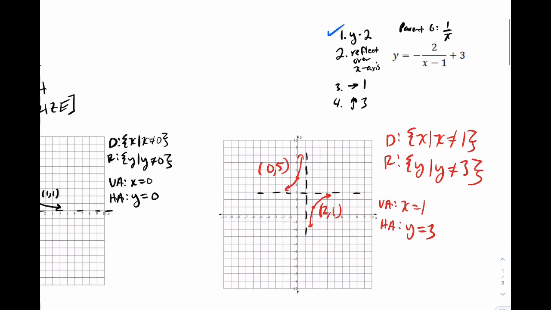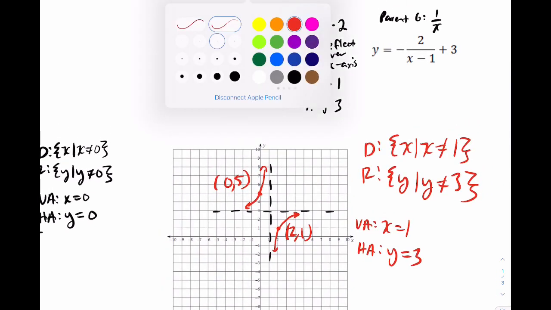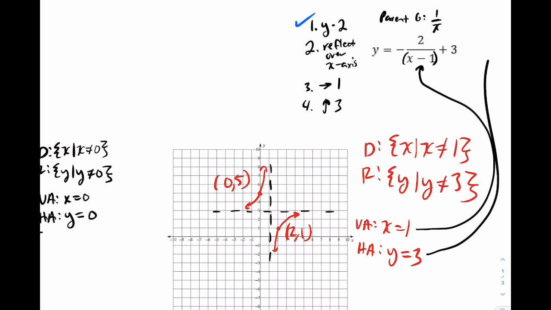Graphing, no problem. Now you also notice something cool here. Look at this VA, x equals 1. Notice how that's directly related to right here. And the HA is directly related to right there. Look at that. HA is actually in the problem, and so is your vertical asymptote. So that's pretty cool.